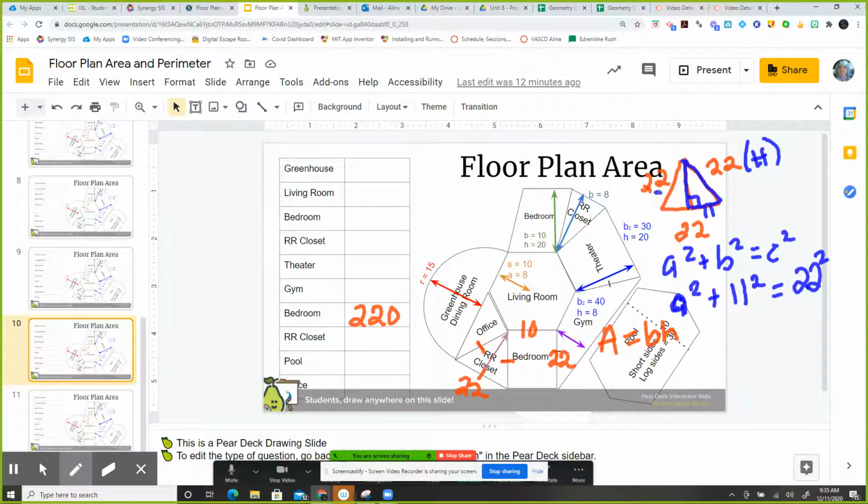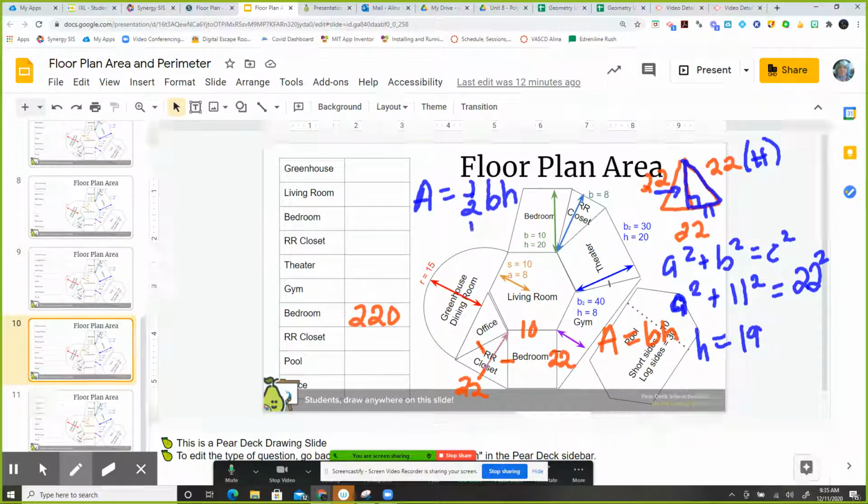What's this height? Should be something less than 22 and bigger than 11. 19. And then area of a triangle, this poor triangle is making up for the rectangle, is 1/2 base times height.